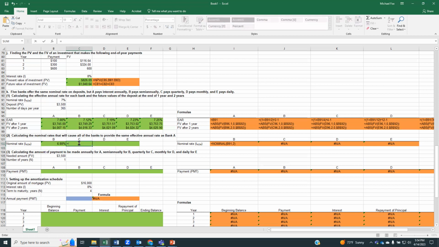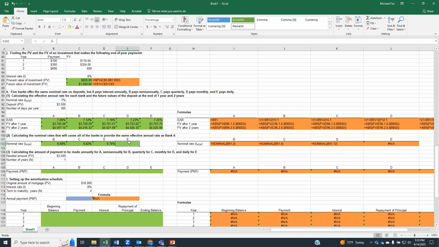So for C, it equals nominal. So the effective rate, again, 7%, but this one is quarterly, so it's going to be 4 periods per year. PERY means periods per year. For D, we're going to hit effective rate of 7%, and then the periods per year for monthly is 12.